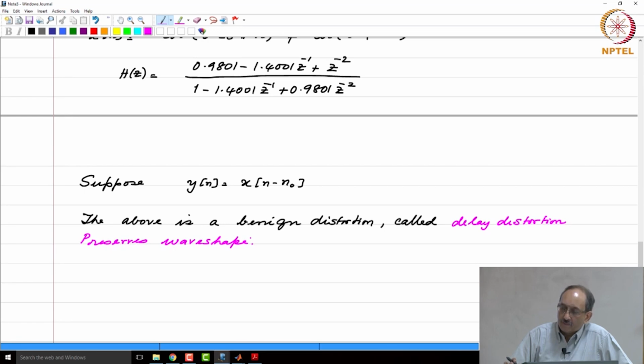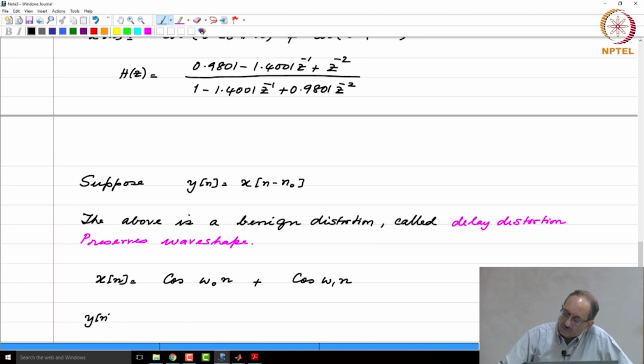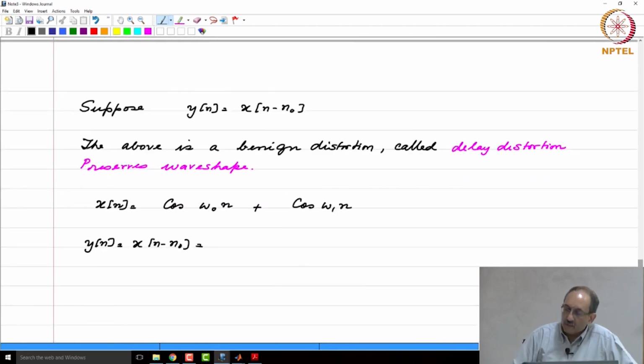Therefore, we ask the question, what kind of phase response will give rise to this kind of delay distortion? And again, let us take the simple 2 component cosine to give a feel for what is going on. Suppose you have x of n equal to cos omega naught n plus cos omega 1 n, and y of n is x of n minus n naught.